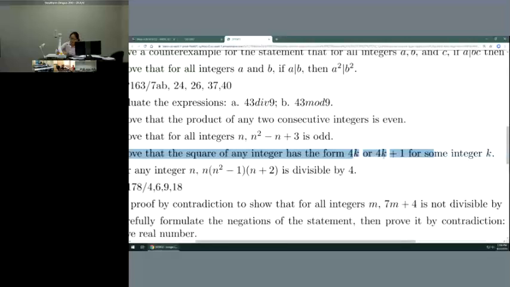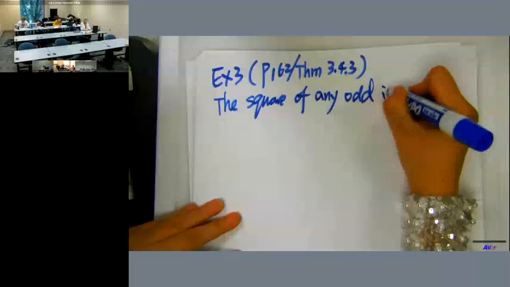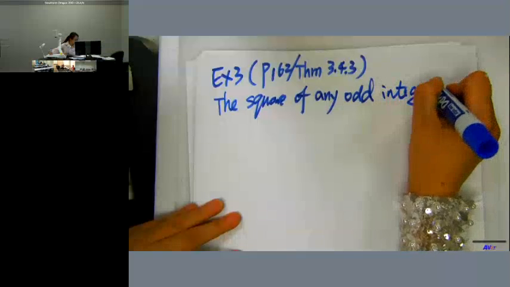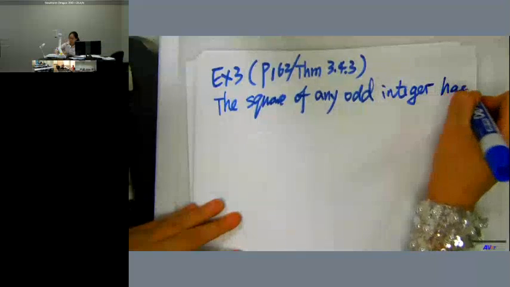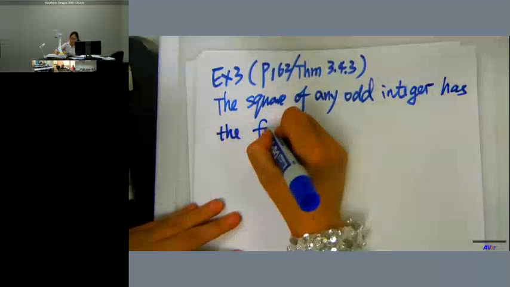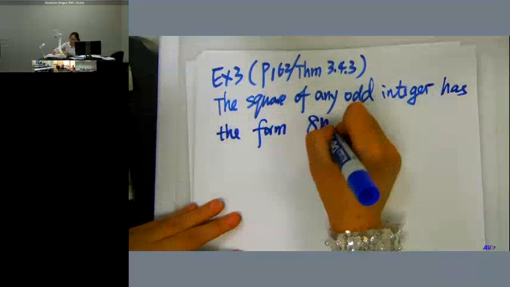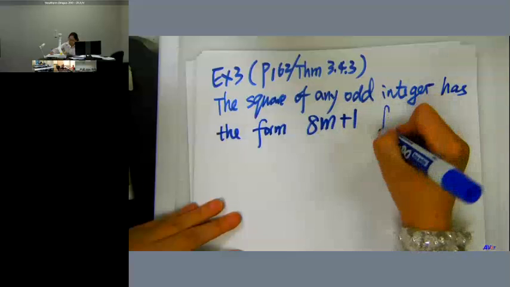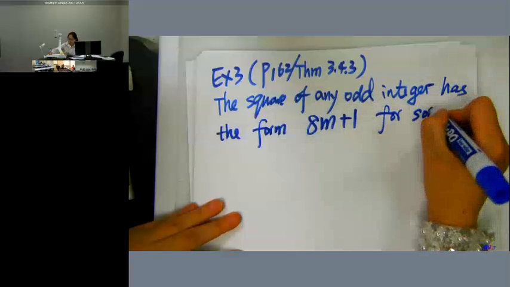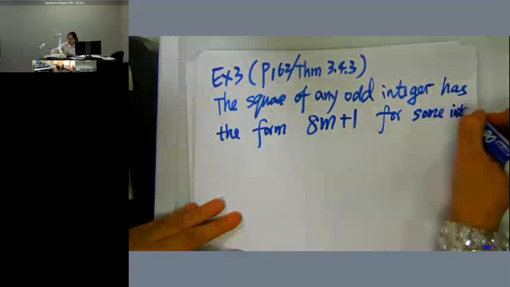It asks us to prove the square of any odd integer has the form 8m plus 1 for some integer m.